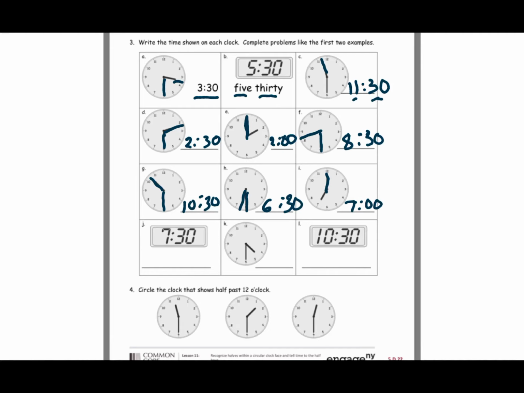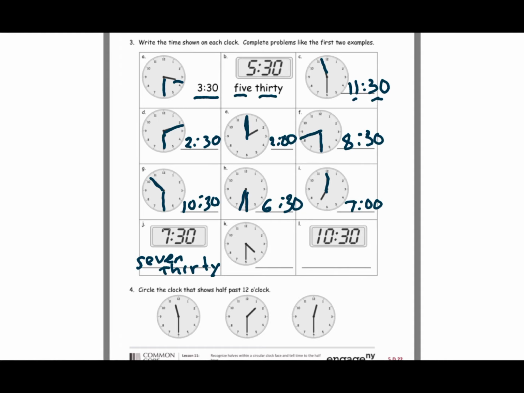Oh, I see a digital clock, 7:30, so I'll have to write that down. 7, write the number 7:30. I'm going to write 30 down here at the bottom so I have room. 7:30.